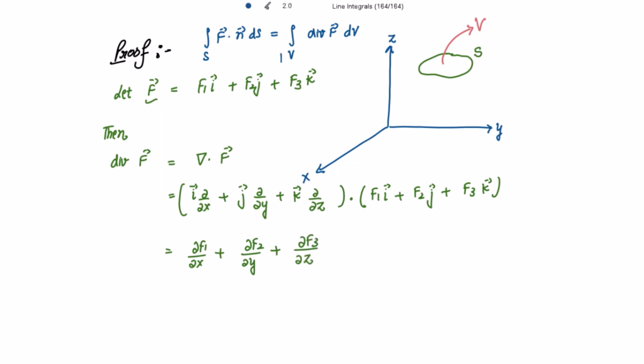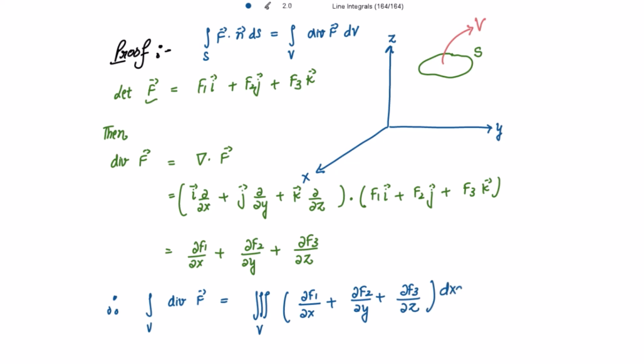And now we need to take the volume integral of divergence of F vector. So the volume integral of divergence of F vector is equal to the volume integral of ∂f1/∂x plus ∂f2/∂y plus ∂f3/∂z dx dy dz.